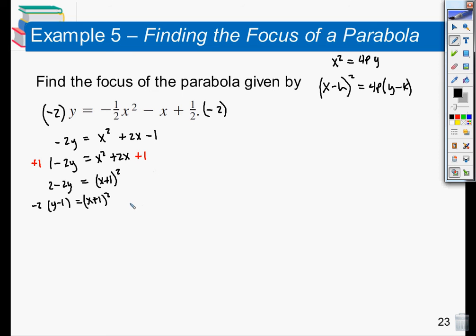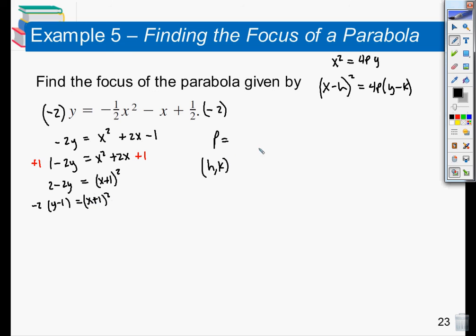So the focus is given by which part of the equation? Well, I need to find the vertex, and then I can trace up so many p values to the focus. So I need to know what p is, and what the center point (h, k) is. Well, it says x minus h and y minus k.